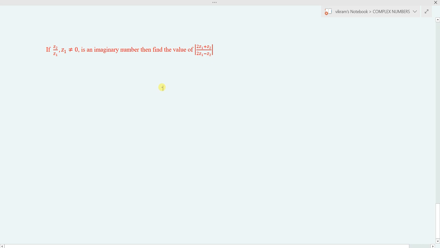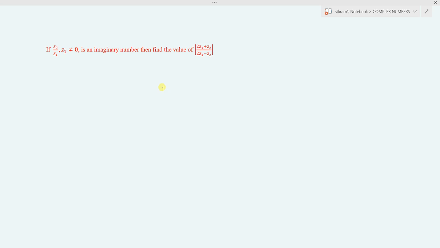Now the question is, if z2 by z1, where z1 is not equal to 0, is imaginary. He has given that z2 by z1 is an imaginary number, then find the value of modulus of 2z1 plus z2 by modulus of 2z1 minus z2.